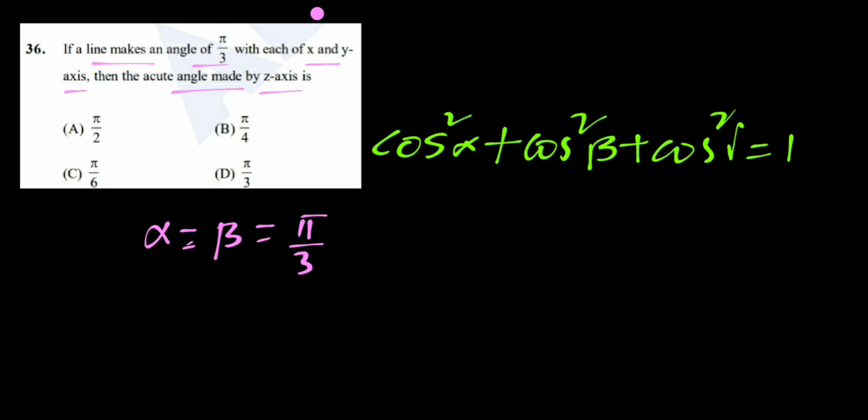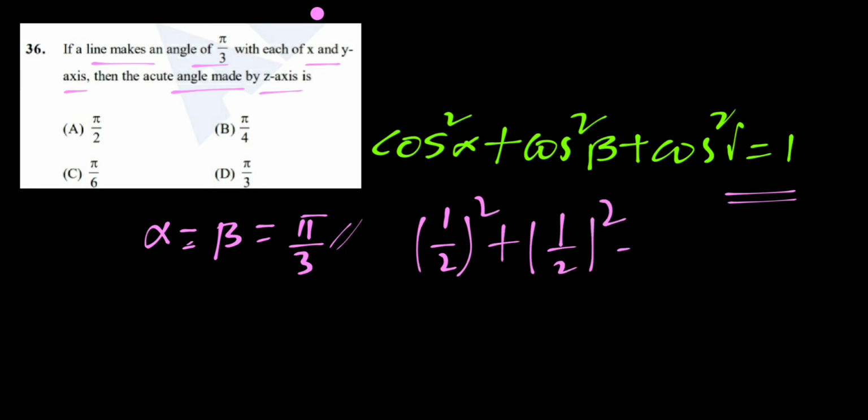So we know the relation between the direction cosines: cos square alpha plus cos square beta plus cos square gamma is equal to 1. So now alpha, beta is equal to pi by 3. Cos alpha, cos 60 degrees, that is nothing but 1 by 2 whole square plus 1 by 2 whole square plus cos square gamma we have to find.